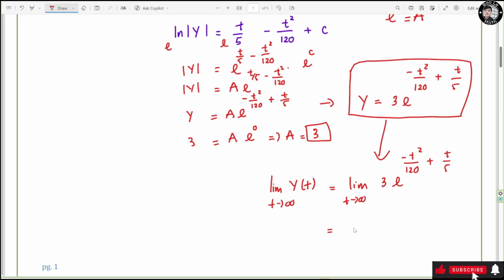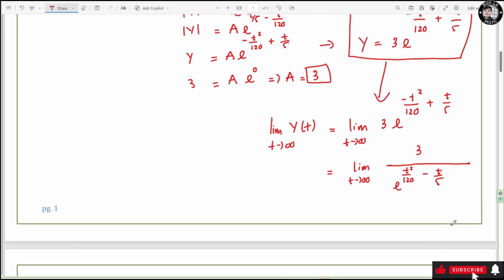This is the same thing as the limit when t approaches infinity of 3. I can bring this one to the bottom. So it could be e to the t squared over 120 minus t over 5.